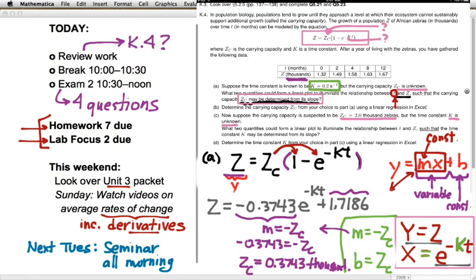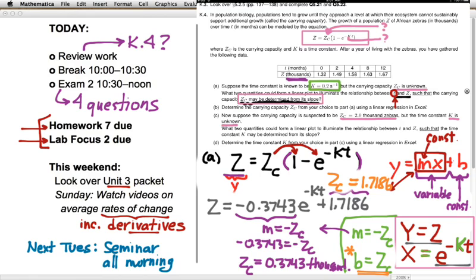And you might do that only because I mentioned in the question that we're going to try to use the slope to determine a value for the carrying capacity. But notice we could also have gone the other way and used the intercept. Because the intercept is actually equal to the carrying capacity, we actually get a different answer, a different match, if I match up the intercepts of this equation.